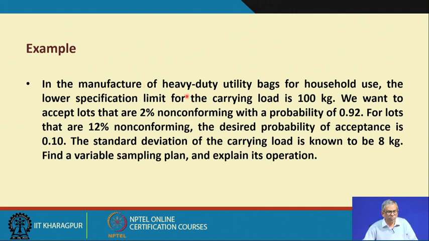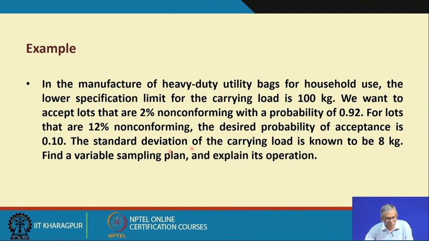Now here is an example. I will just go through it. In the manufacture of heavy duty utility bags for household use, the lower specification limit for the carrying load is 100 kg. So it is a lower specification limit case. We want to accept lots that are 2% non-conforming with a probability of 0.92.